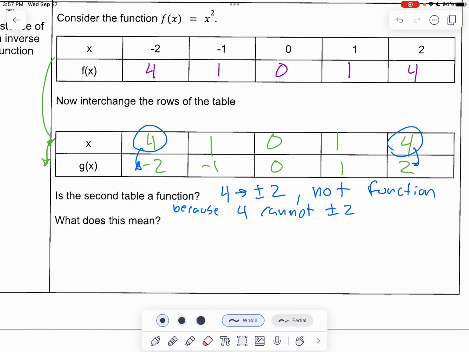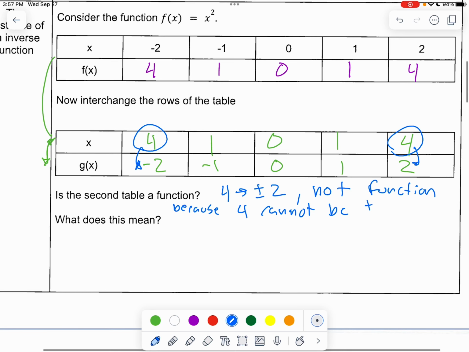So let me write that cleanly. Because that's two different y values for the same x value, and we talked about what that means. So what does this mean in the big picture? Not every function has an inverse.